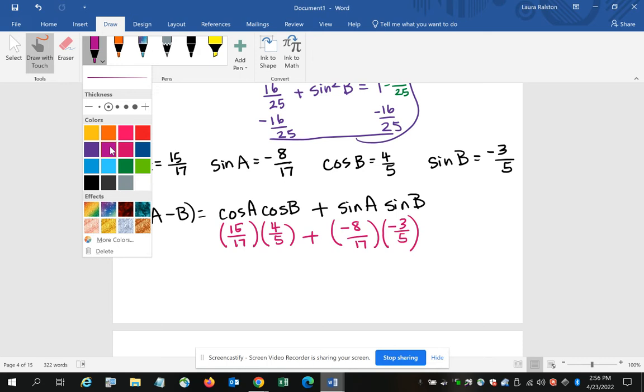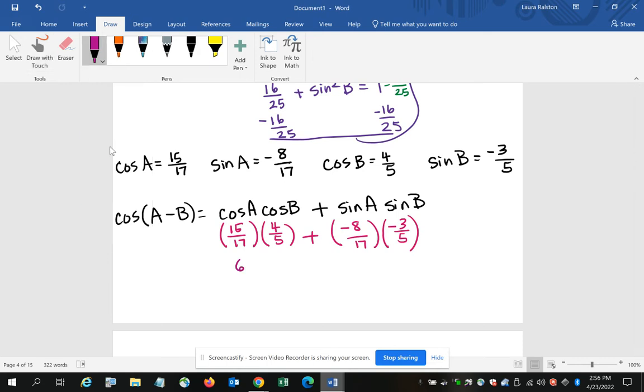So we would have 15 times 4 is 60, 17 times 5 is 85, plus negative times a negative is a positive, 8 times 3 is 24, 17 times 5 is 85. So we have 85 as our common denominator, and then let's see, 60 plus 24 is 84. So we get 84/85. There's our answer.